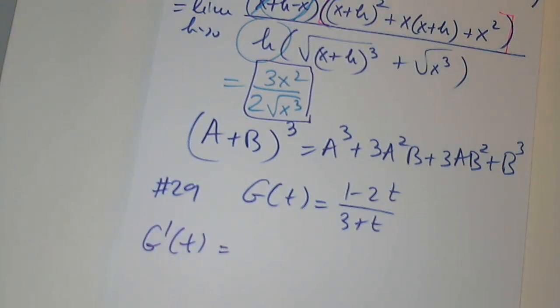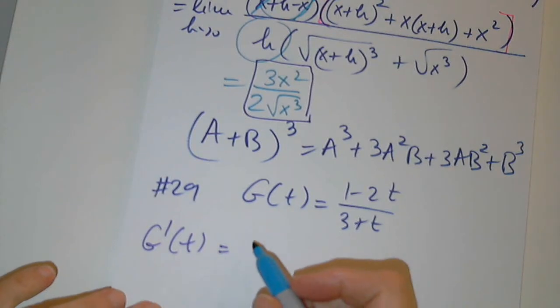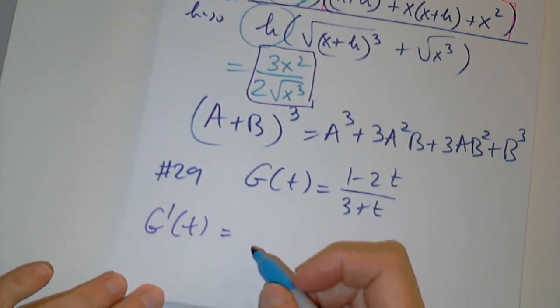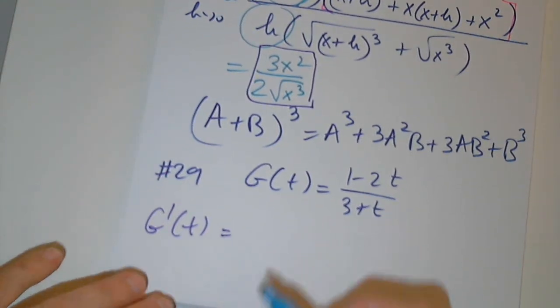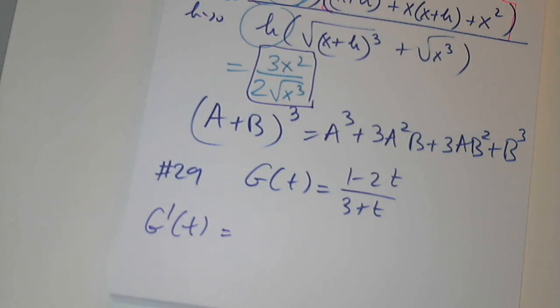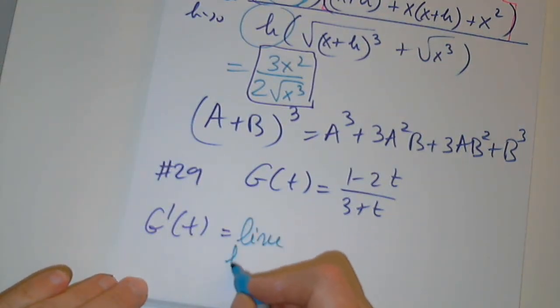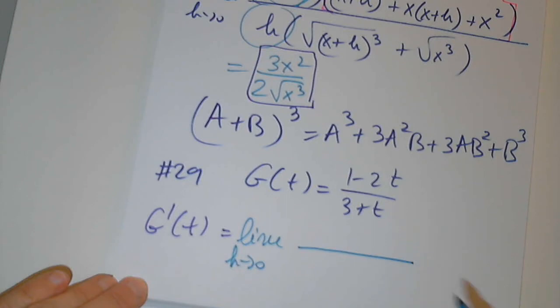Let's write the only definition we have for g prime of t. Start with the definition like we did before.